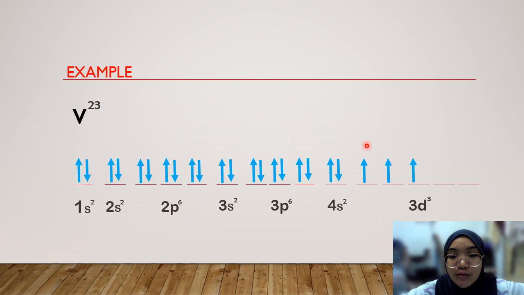So this is 3d3. It only has 3 electrons, but d always has 5 orbitals: 1, 2, 3, 4, 5. So the result is like this for 3d3.